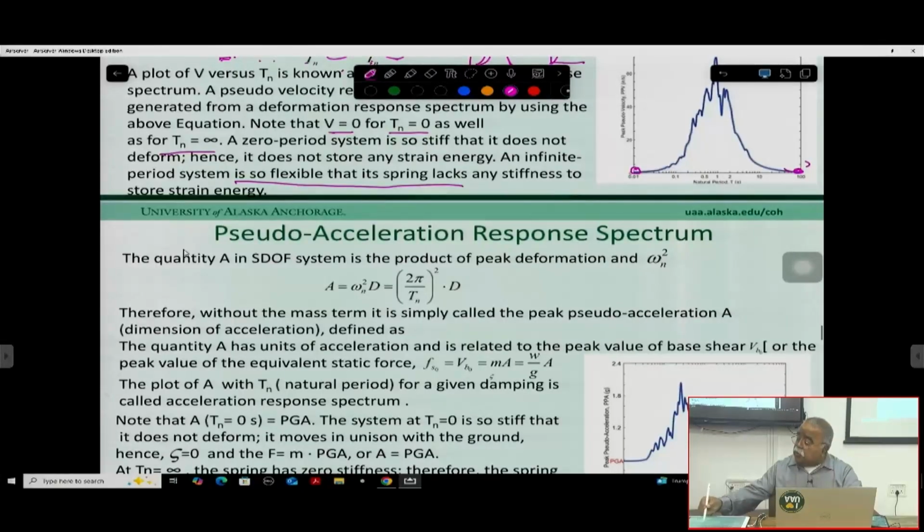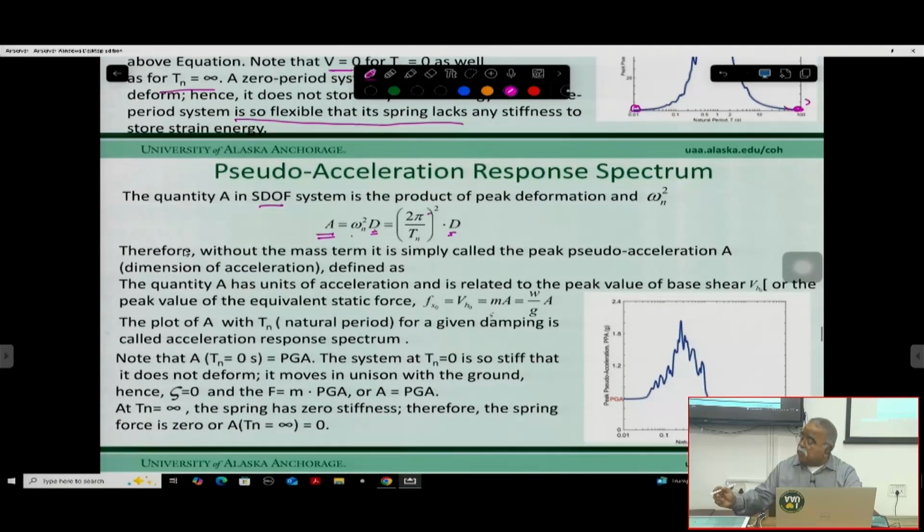Now, the pseudo acceleration response spectra is the A value. A equals to, therefore, the omega n square into D. So D, if it is a deformation spectra you have calculated, then this will be equals to 2 pi by Tn whole square into D. So that will be equals to the pseudo acceleration response spectra.